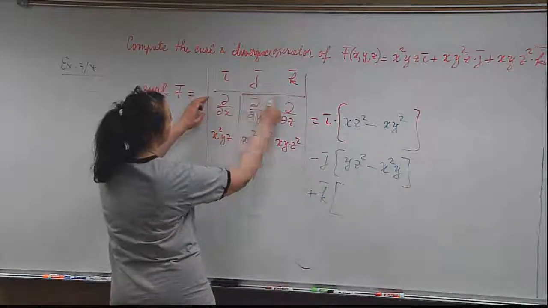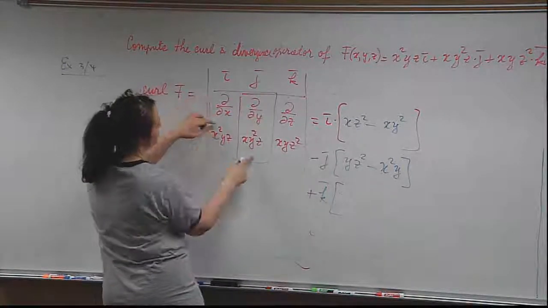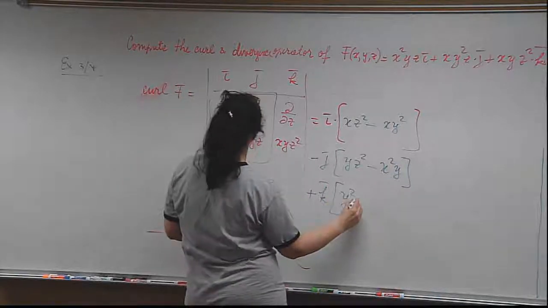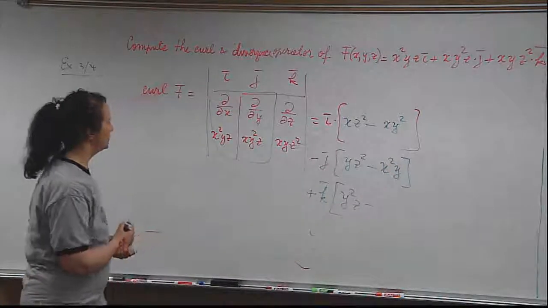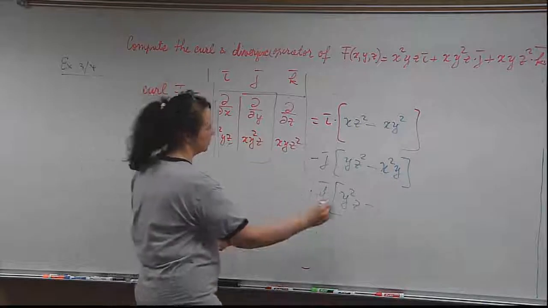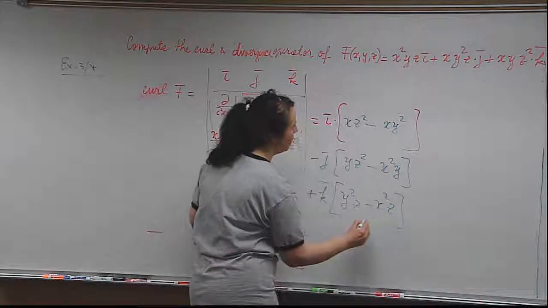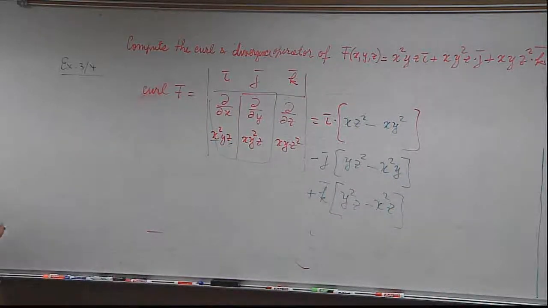So, you see what I'm doing? I'm doing this prime with respect to x. y squared z, you said it right, minus this times x squared z. Can I write it more beautiful? I don't really like the way I wrote it, but I'll write it like that.